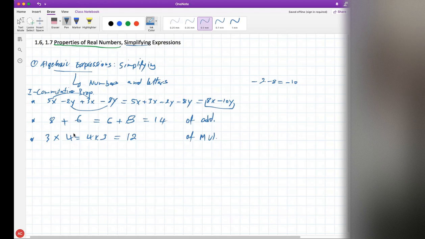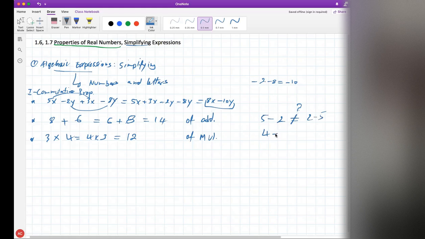So the commutative property applies to addition and multiplication, and obviously it does not apply to subtraction. For example, if you say 5 minus 2, is it the same as 2 minus 5? No. Exactly. So this does not apply to subtraction. It also does not apply to division.